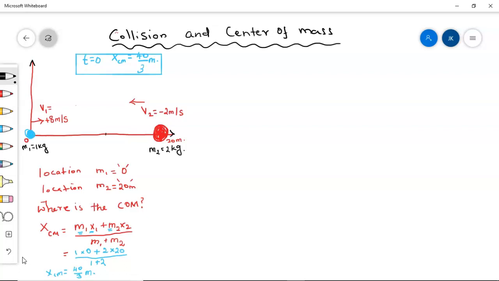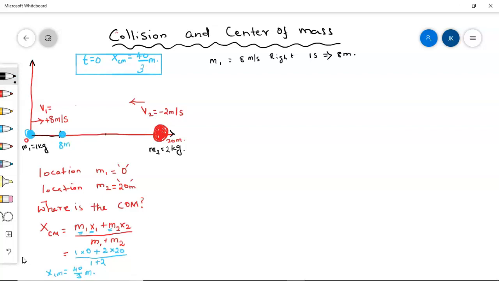Now we start the two masses moving. Mass 1 is moving at a speed of 8 meters per second to the right. So in 1 second, it moves 8 meters. Now this ball has reached 8 meters from the origin.